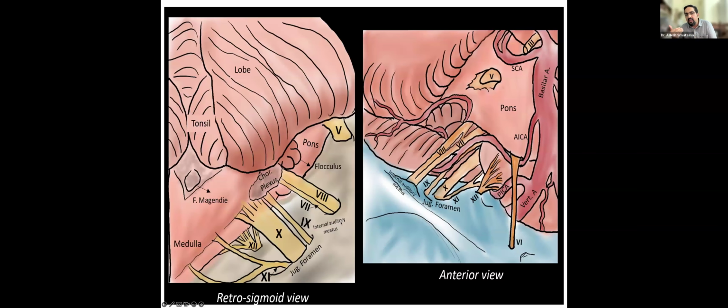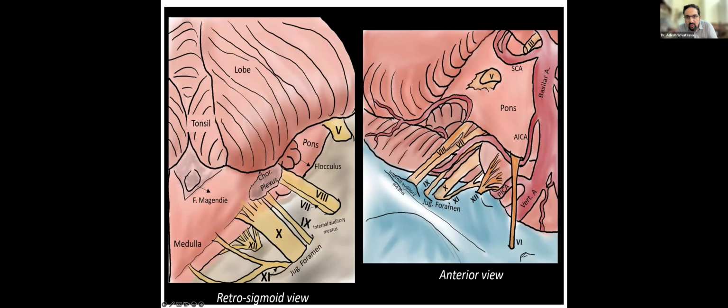This, when seen anteromedially, as if you are looking from the region of the upper clivus, maybe between the posterior clinoids, you are looking down into the CP angle, and one has removed the fifth and the third cranial nerve. Again, the 7th, 8th nerve complex can be appreciated in the upper portion.